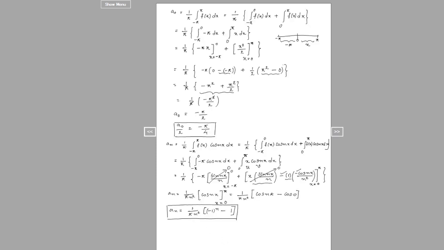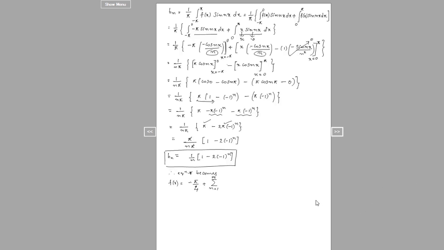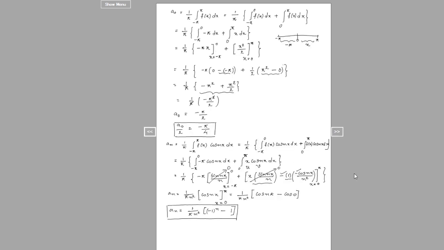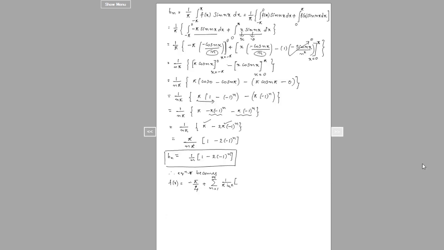An value is 1 by pi n square times of minus 1 power n minus 1, into cos nx, plus summation n equal to 1 to infinity.